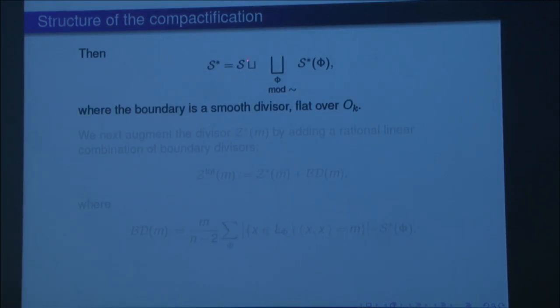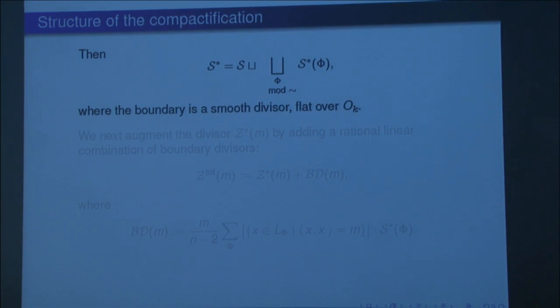The toroidal compactification is the original guy together with a disjoint union over the different cusp data like this, modulo the equivalence, which I let you work out for yourself, of these blown up abelian schemes. And so the boundary is a smooth divisor, which is actually flat over O_K. OK, so this tells you what S star looks like.